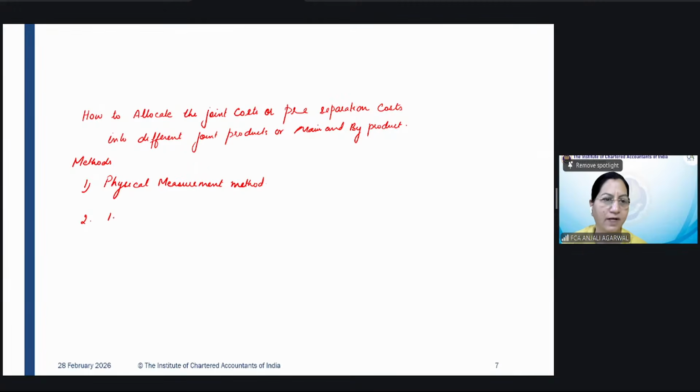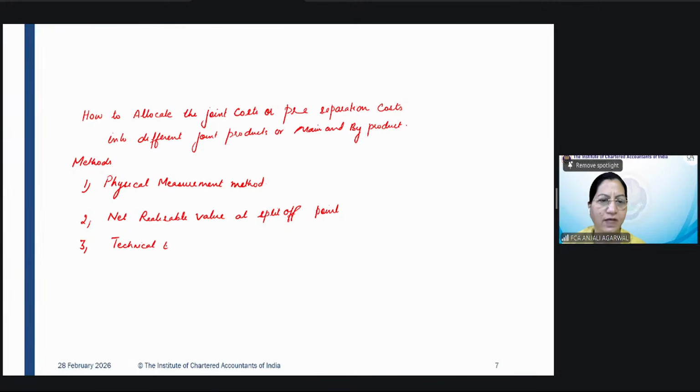Two, we have net realizable value at split off point. And even if sometimes these two methods do not suffice, in that case, we can also have some technical estimates.